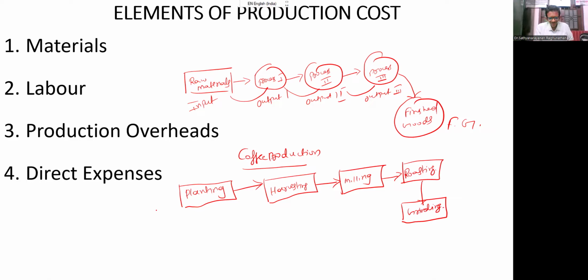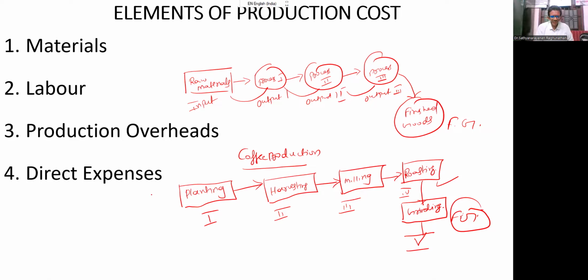So process 1, process 2, process 3, process 4, and finally finished goods, the last process.